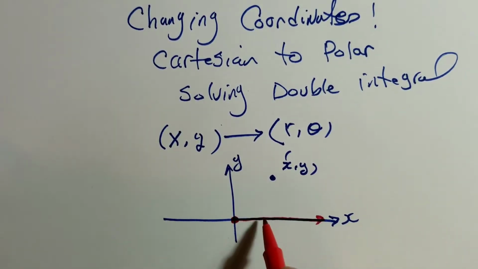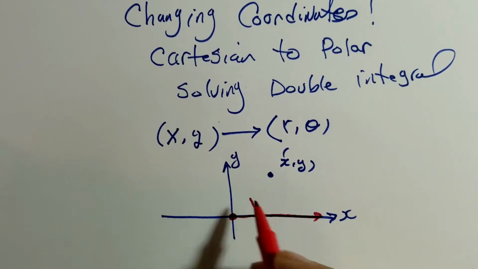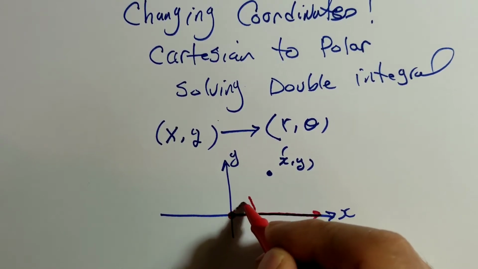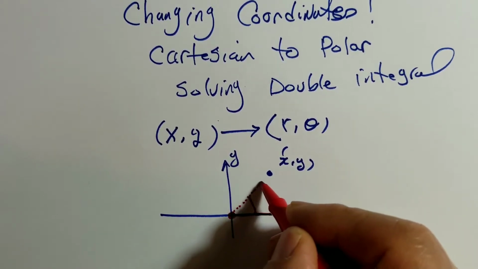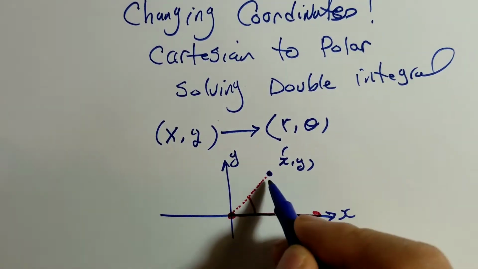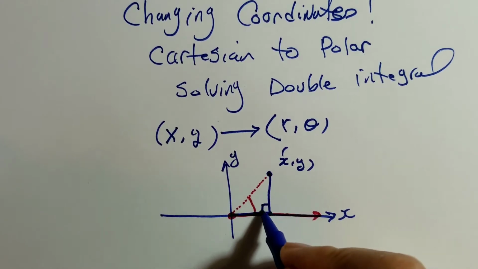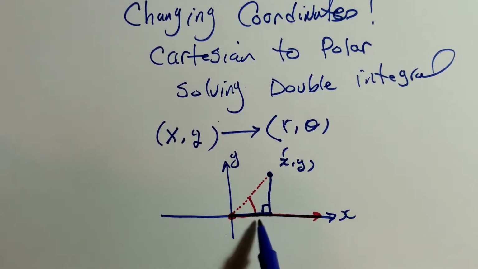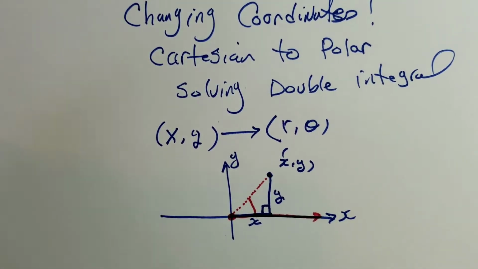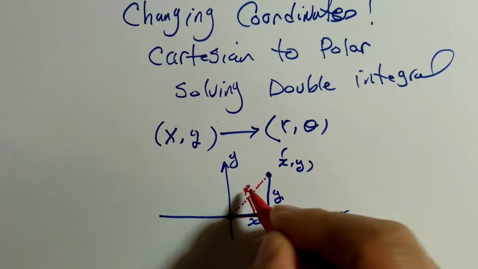From the polar axis you went counterclockwise on a specific angle, and from the pole it took you some distance to get to that point. Therefore, the Cartesian is represented by x and y, but the polar is represented by theta and r.